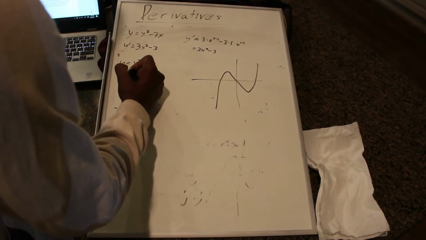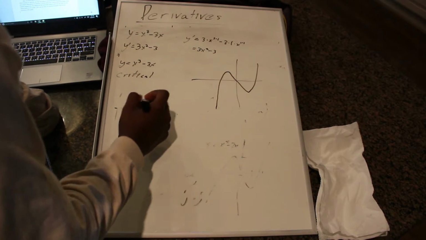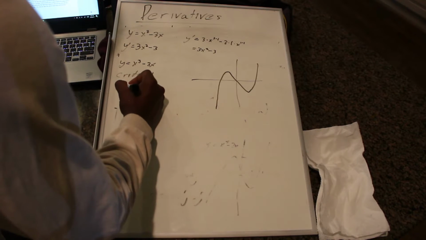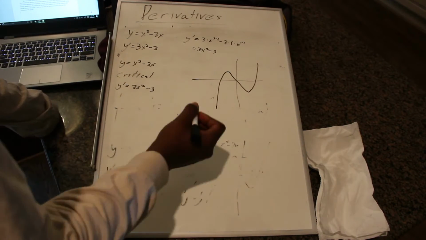To find the critical points, all we have to do is take the derivative and set it equal to 0.